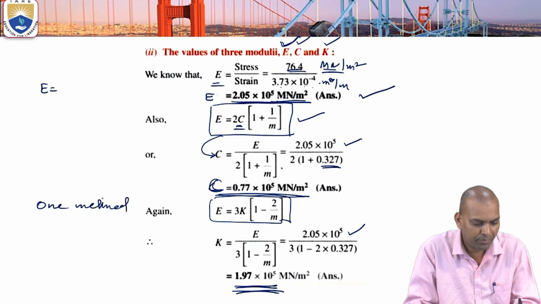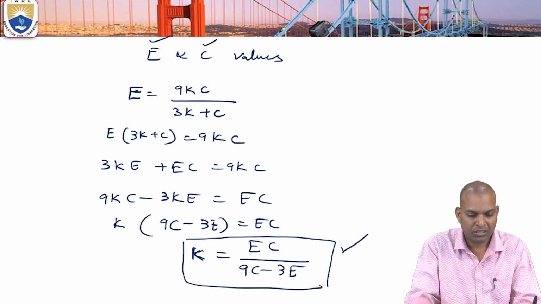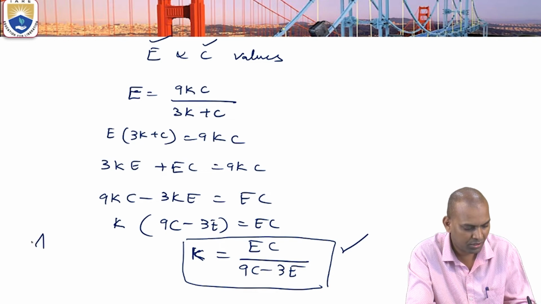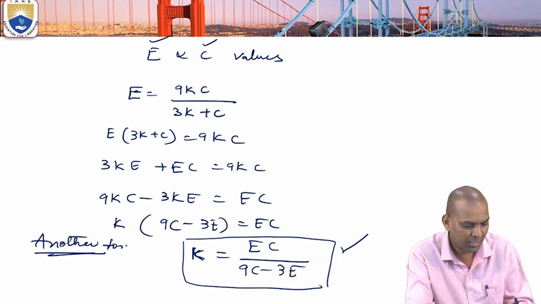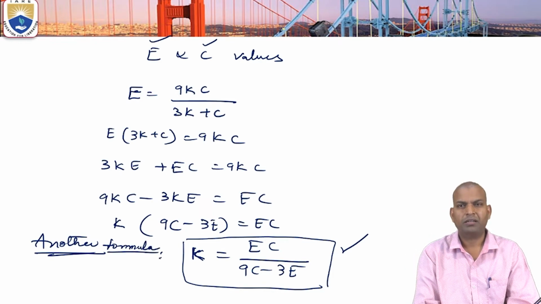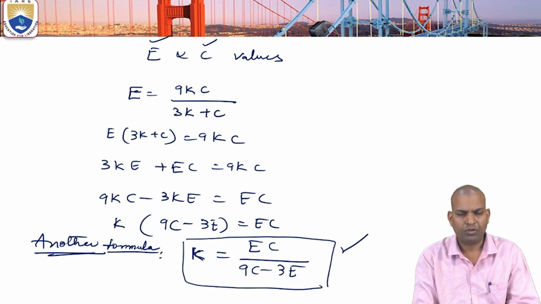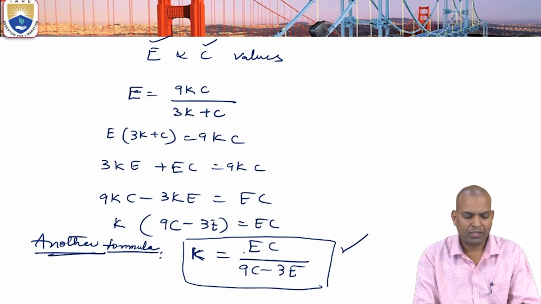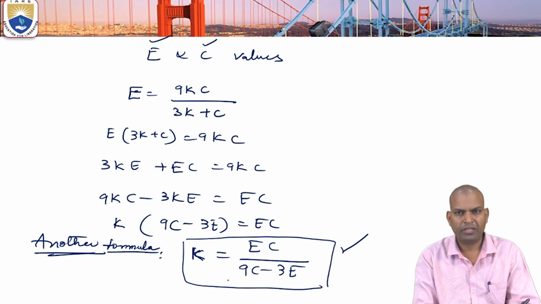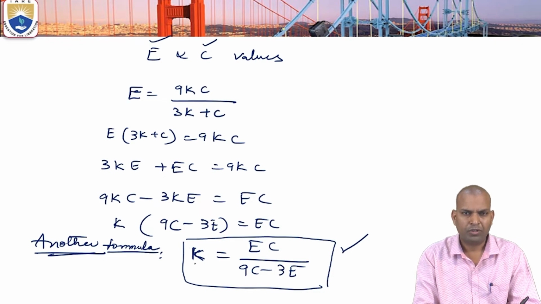And another formula to calculate the bulk modulus of elasticity, if we know Young's modulus and modulus of rigidity: after knowing these two values, if we substitute in this formula, we can directly calculate the bulk modulus of elasticity.